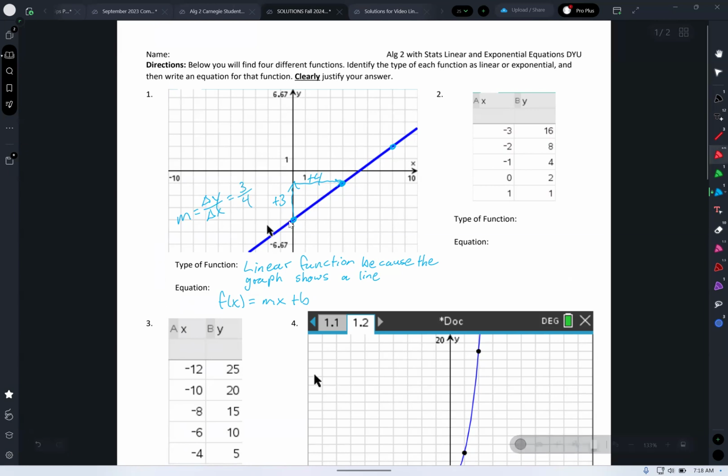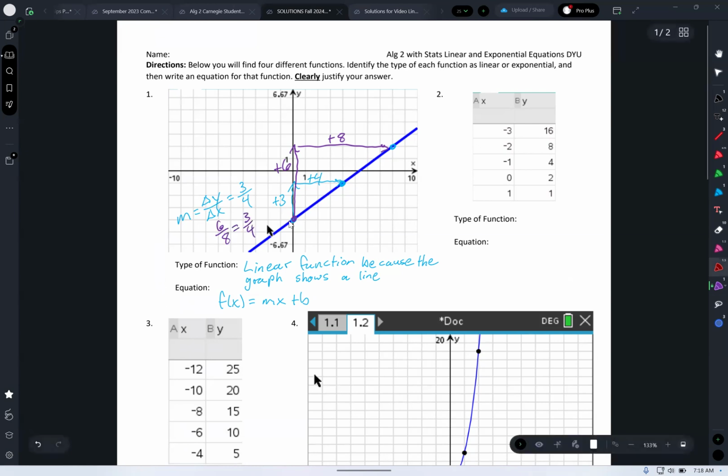I do want to note that if you were to have chosen any 2 points, that does not change anything about the slope. This time I am rising 6 and running to the right 8. And if I take 6 and I divide it by 8, that still is 3/4.